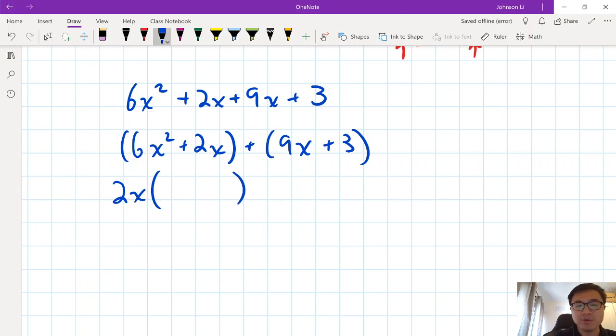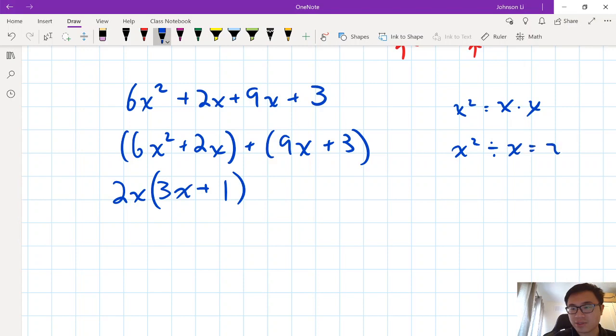So 2x divided by 2x is equal to 1. 6 divided by 2 is 3, but also x squared divided by x is going to leave us with one more x. Because if you remember, x squared is x times x, so x squared divided by x is also x.